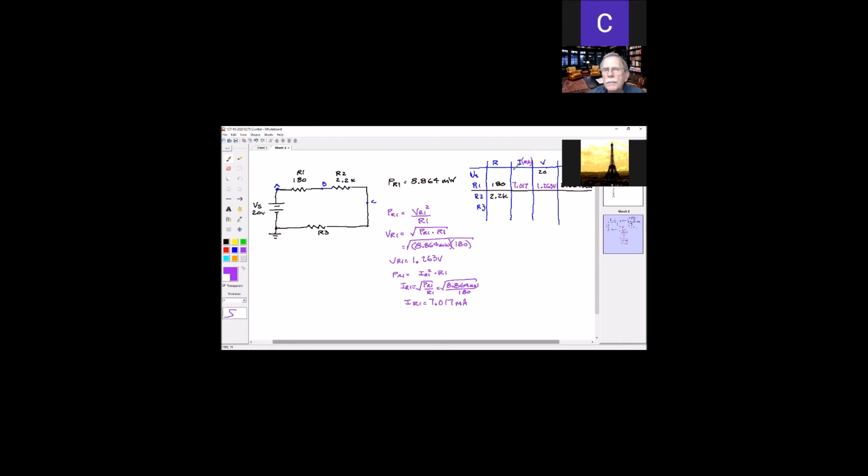You could do V divided by R too, right? Yeah, the only reason I'm reluctant to do that is, first off, whatever round off error I've got here gets introduced into here.